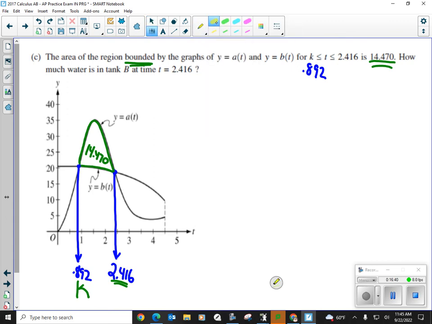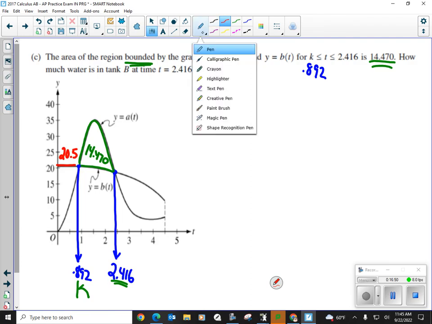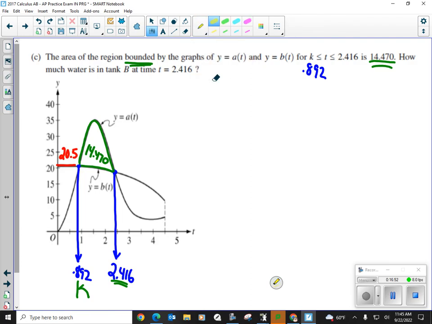We know that this is a constant of 20.5. They want all this area under the curve of B from when it started right there.